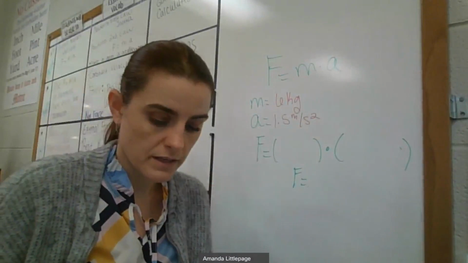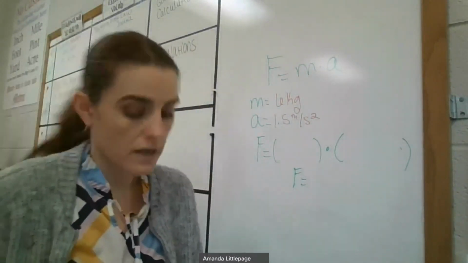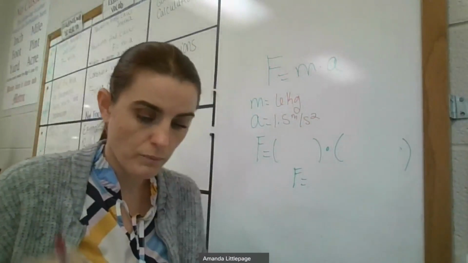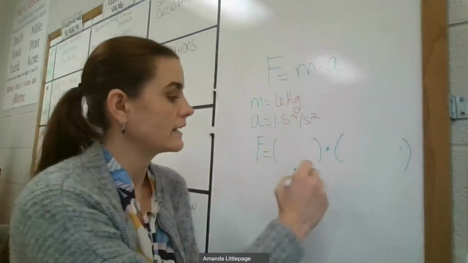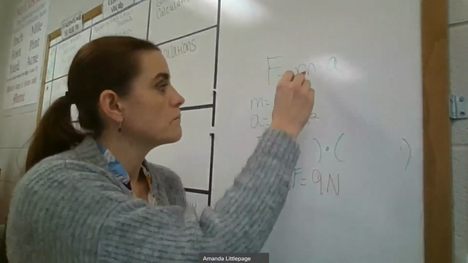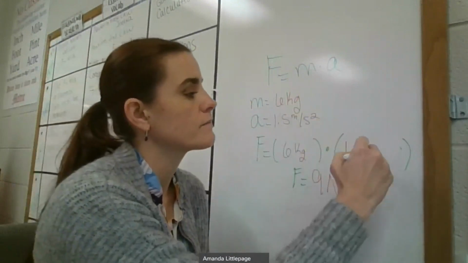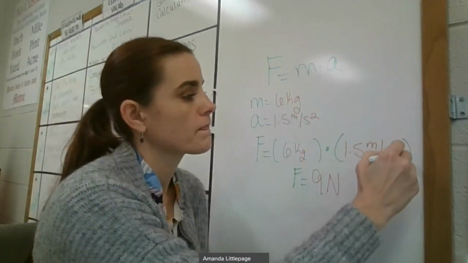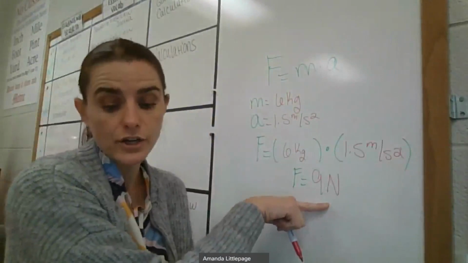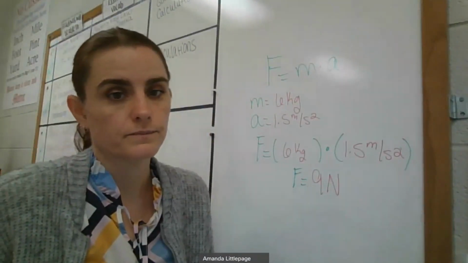We're going to plug them in, see what we come up with. 6 times 1.5, and we get 9. Okay, so 9 newtons, if you want to plug this in here. Mass, 6 kilograms times 1.5. And there you have it, 9 newtons. Always remember to include your units.